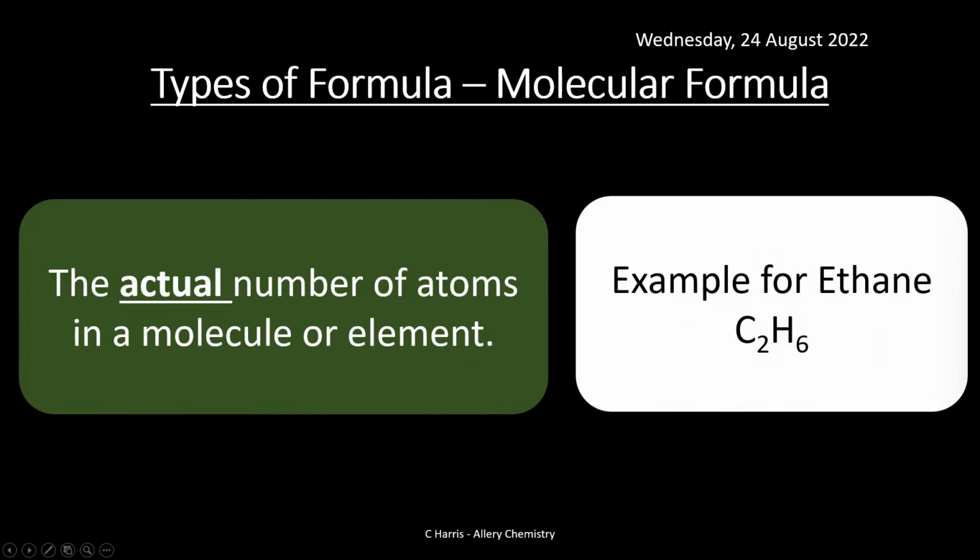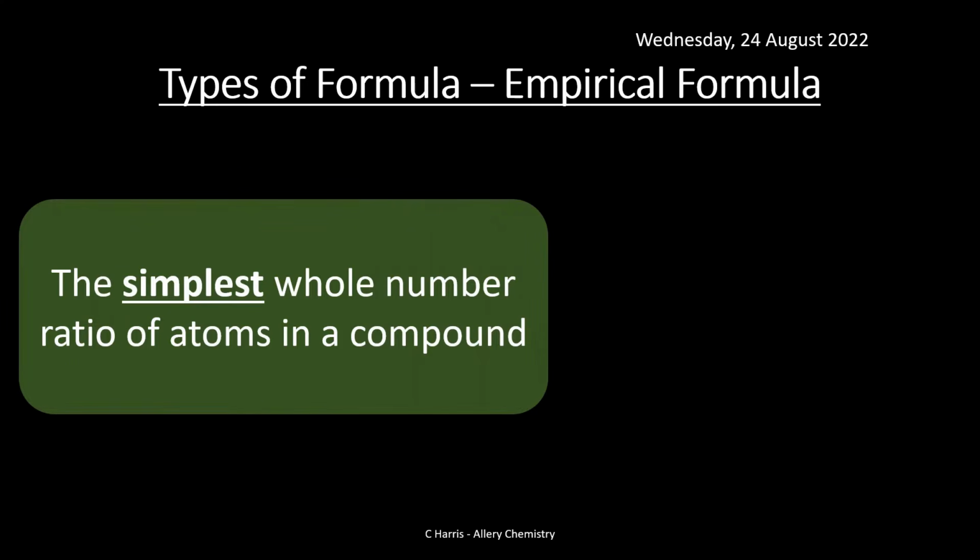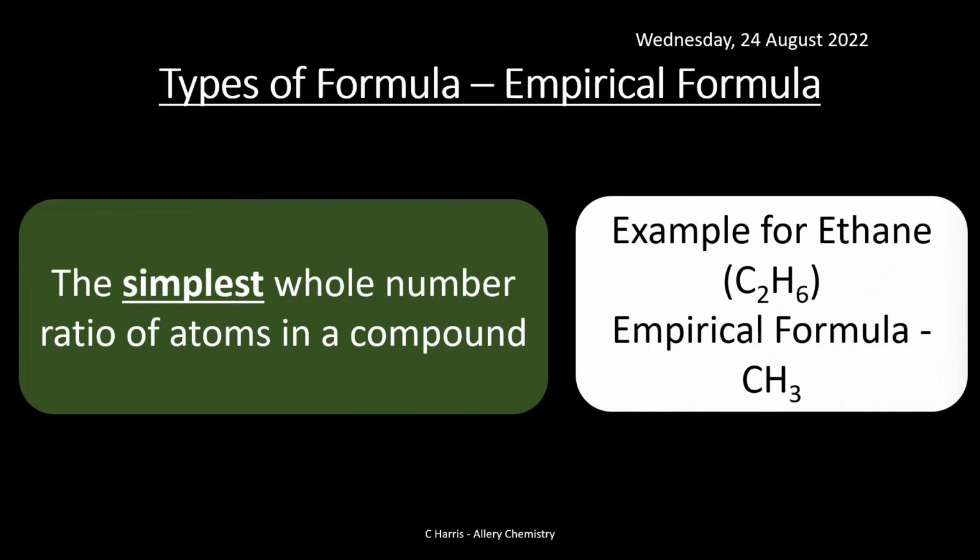So this is the actual chemical formula. Empirical formula is the simplest whole number ratio of atoms in a compound, and you might have seen this already in a previous topic. So an example is ethane, which is C2H6, and the empirical formula for ethane would be CH3. So that's the simplest whole number ratio for ethane.